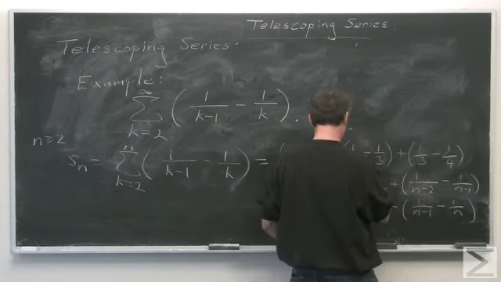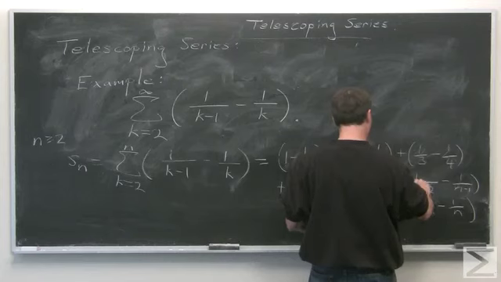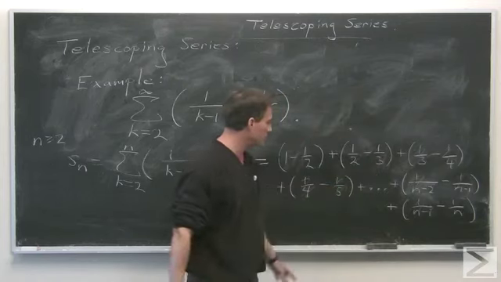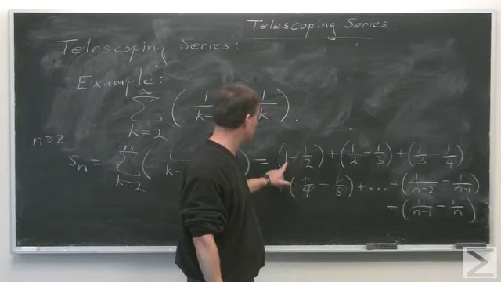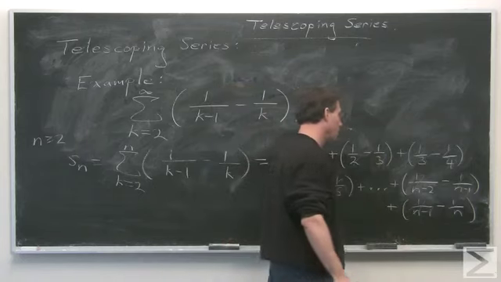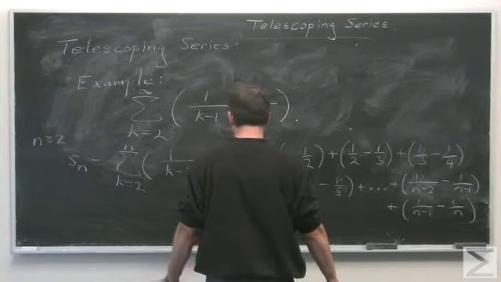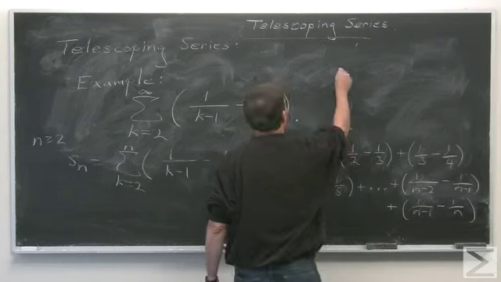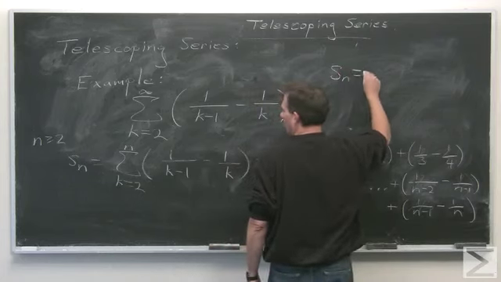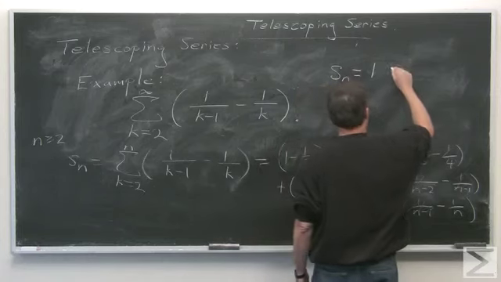Everything in between will cancel. This will cancel with something before it. The minus 1/5 will cancel with something after it. Everything will cancel except the initial 1 and the final minus 1 over n. And so what you find is the nth partial sum is 1 minus 1 over n.